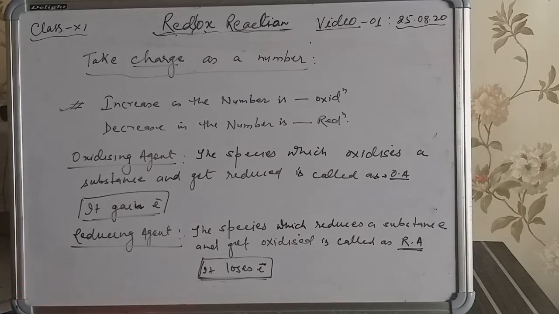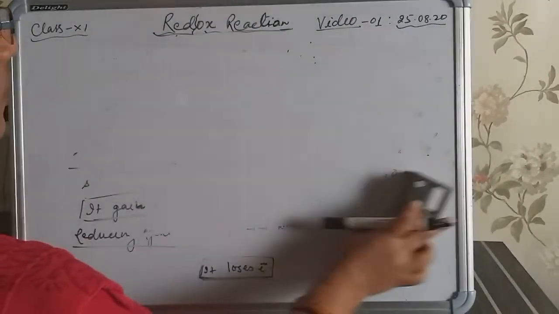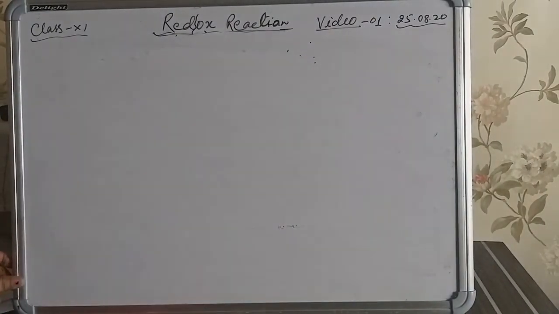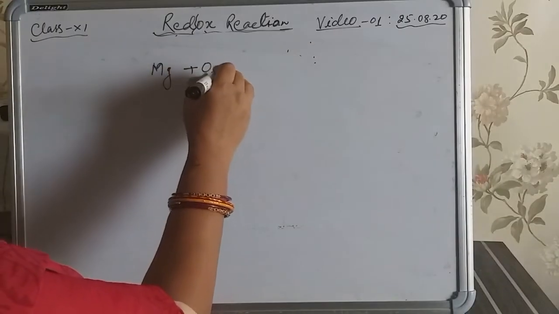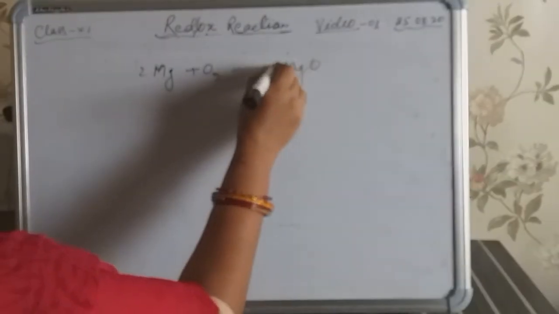Let's explain through an example. We have magnesium treated with oxygen to form magnesium oxide.